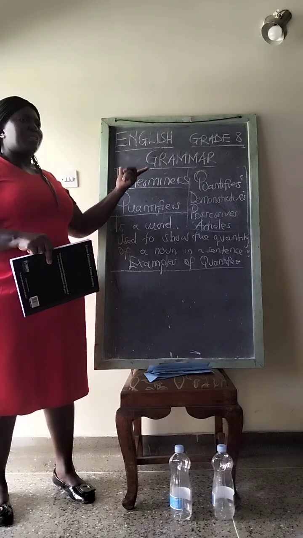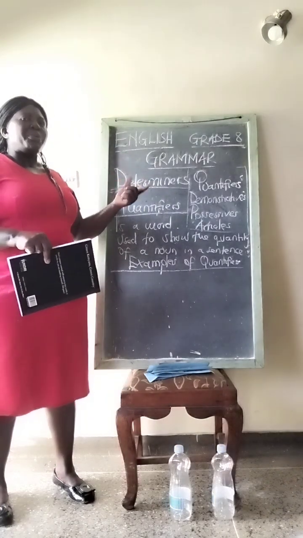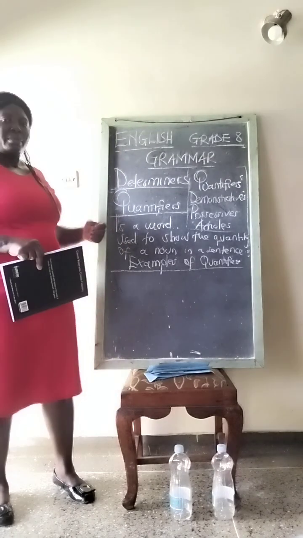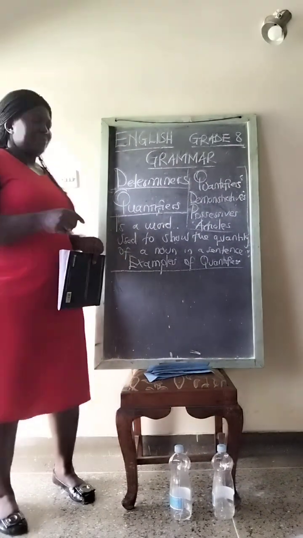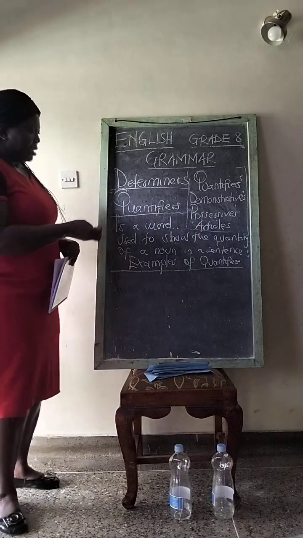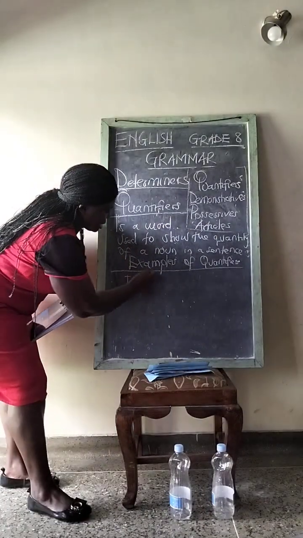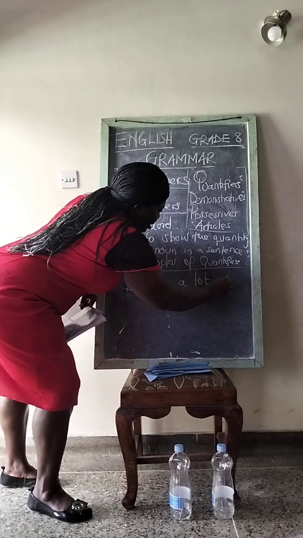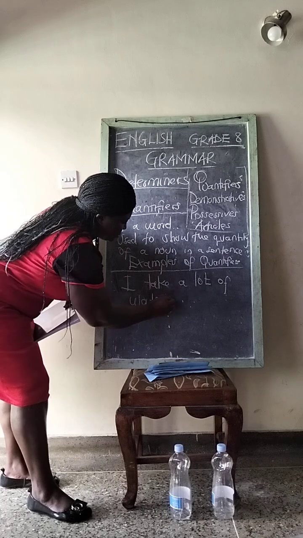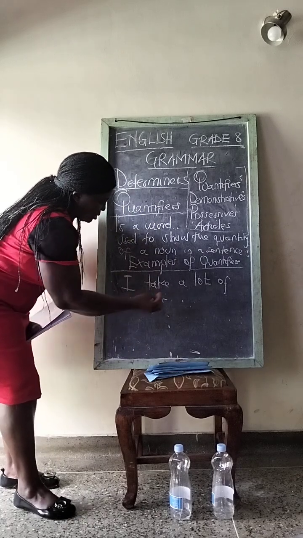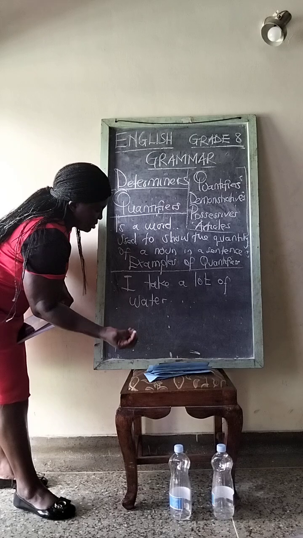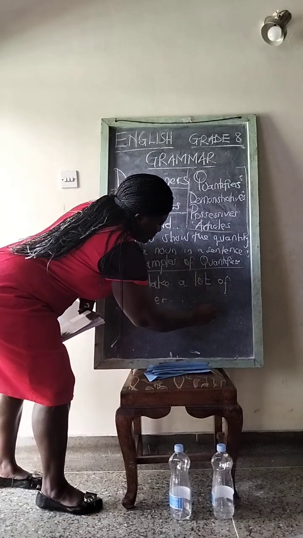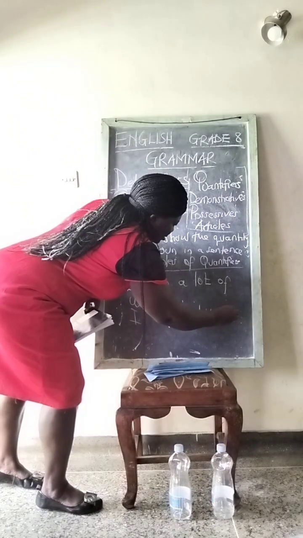Can you think of the answers you are going to give me when I ask you how much water do you take in a day? Well, my dear learner, I hope you answer maybe I take a lot of water, or you can also say I take a little of water.